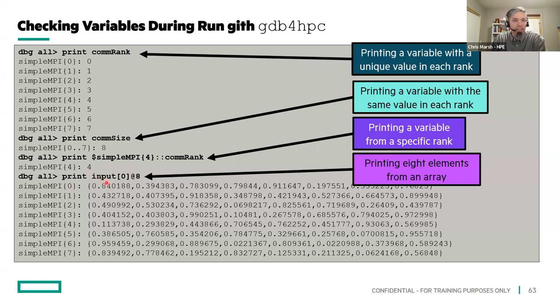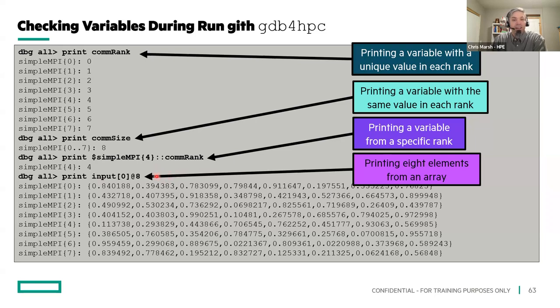And then the last thing that I thought was kind of interesting is if you want to print values from an array. So here I'm looking at an array called input. I'm starting at index value 0, and I'm saying at 8. So give me the 8 values. Now, how big is the array? Well, it's at least 8 values long.